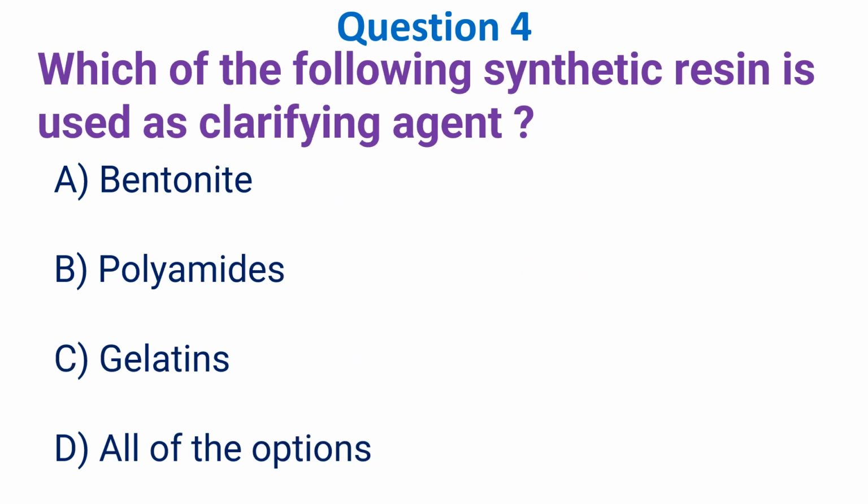Which of the following synthetic resins is used as a clarifying agent? What is a clarifying agent? Clarification is a process to remove impurities from liquid. Its main function is to remove haziness, sedimentation, and oxidative deterioration of products such as fruit juice, beer, and wines.